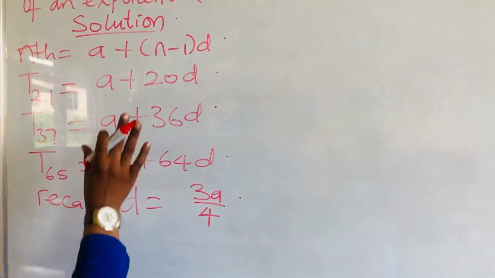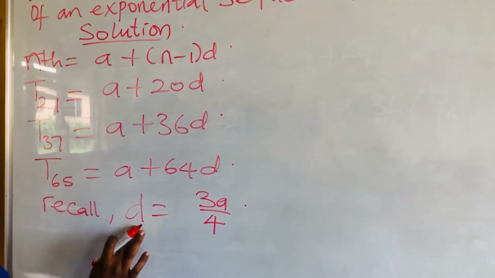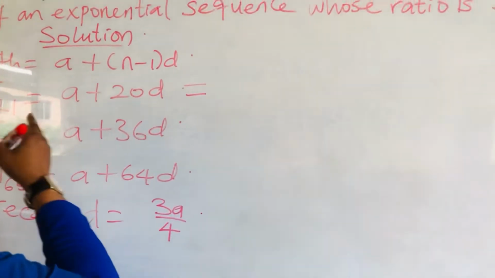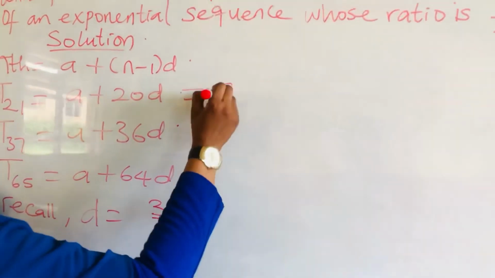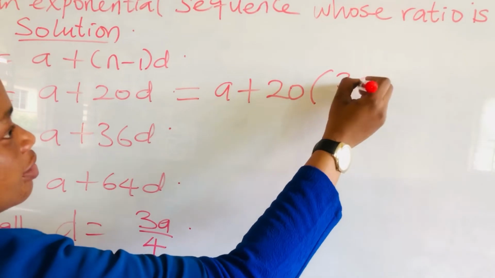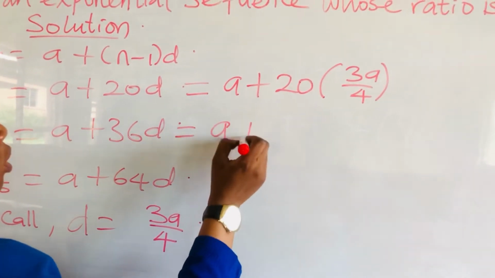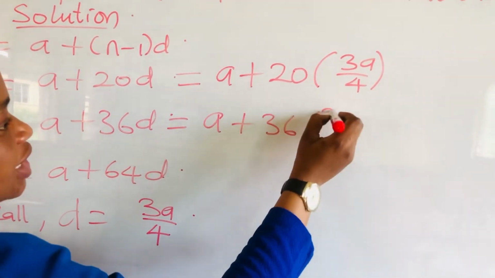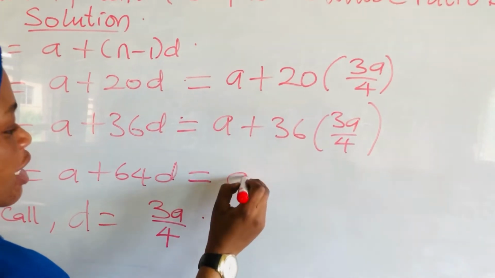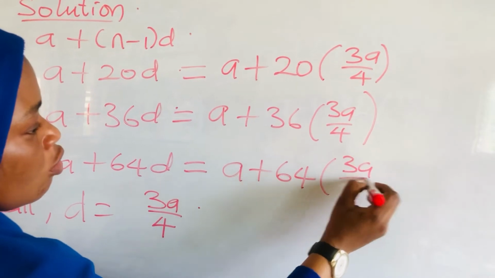So that means wherever we see d here, we are going to substitute the value of d to be equal to 3a over 4. So from here, the 21st term will now be equal to a plus 20 multiplied by 3a over 4. And here also will be a plus 36 multiplied by 3a over 4. And here will be a plus 64 multiplied by 3a over 4.